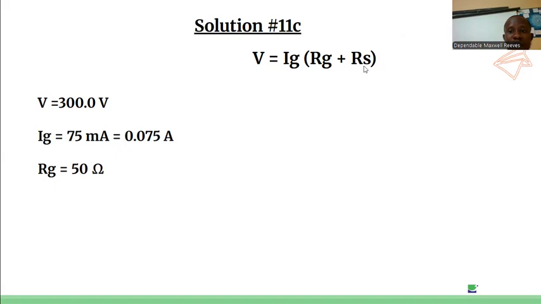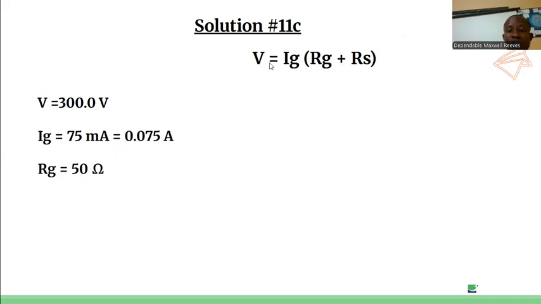RS represents the high resistance here, because in order for us to convert a galvanometer to a voltmeter, we have to first connect it in series, and we have to use a very high resistance. So we are asked to determine RS in this particular question.